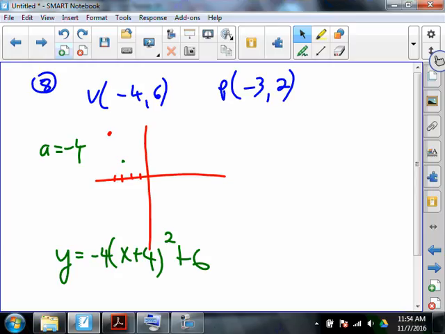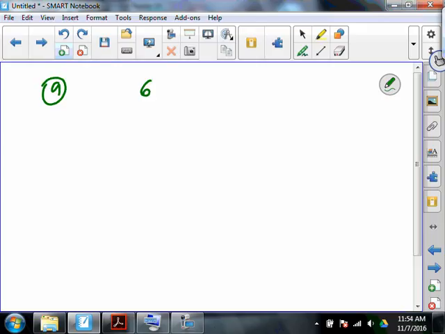And then the final question. Worth 7 points. They're going to give you some points like 6, 0, negative 3, 0, and then some other point, negative 1, 5, let's say. So this is pretty nasty. You could set up a factored form.